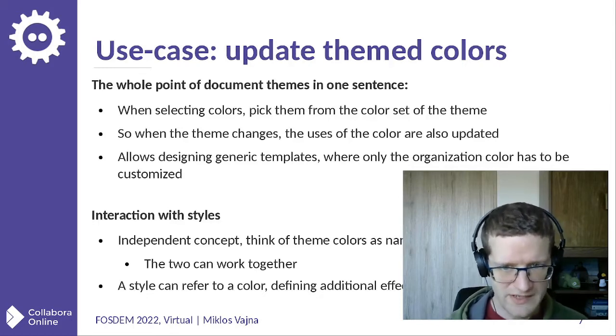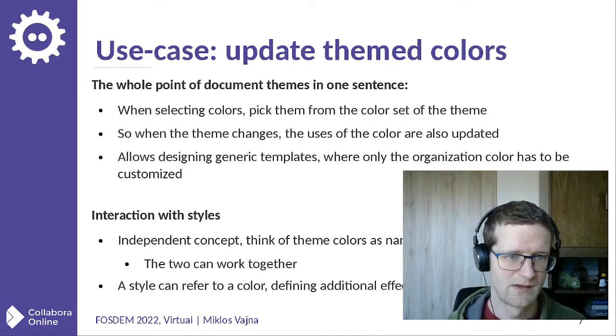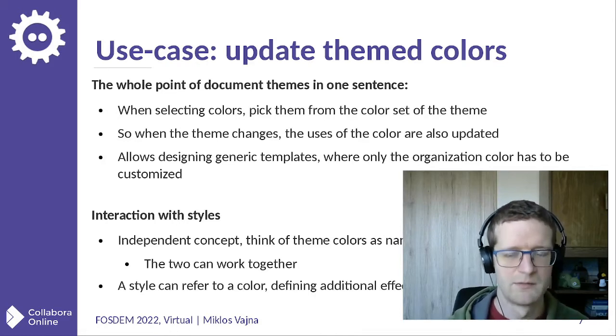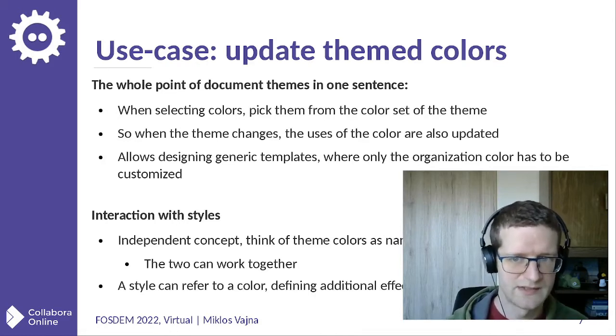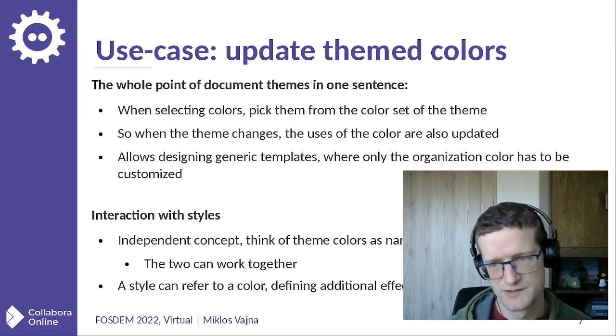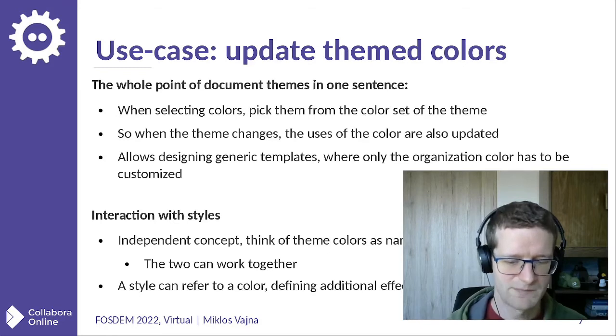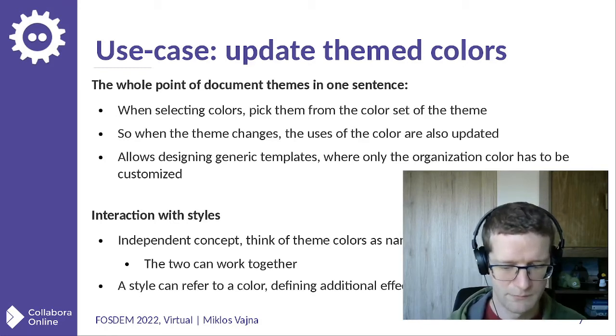So the use case is that when you select colors, you provide a way to specify them not just as an RGB color, but you actually select these from a theme, which is kind of a color palette. And the special property of these theme colors is that when the theme changes, then the uses of that color are also updated.